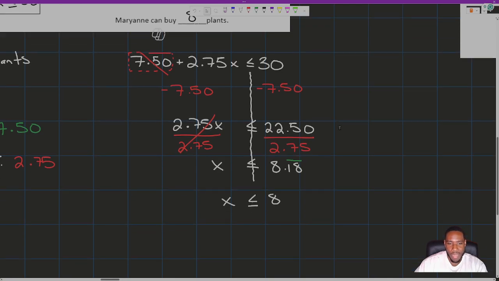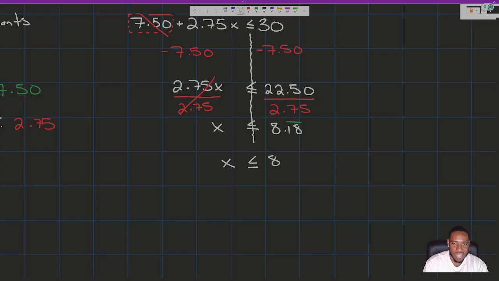Now, if we want to check that, the easiest way to do that is to take that value for x and plug it back into the equation. So 750 plus 275. We're going to plug in that 8 we got for the solution is less than or equal to $30.